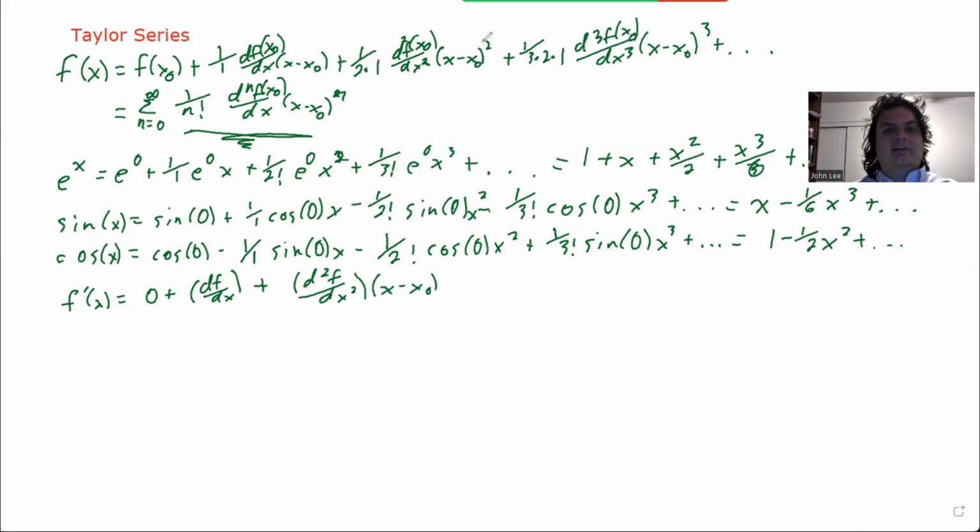because you take the derivative of (x minus x naught) squared, and that gives you 2 times (x minus x naught), which cancels out the 2 in front of the d squared f dx squared, plus 1/2 d cubed f dx cubed times (x minus x naught) squared plus dot dot dot.